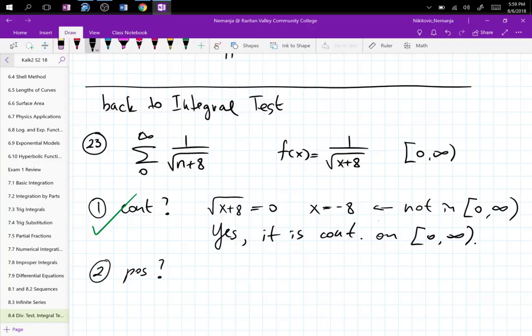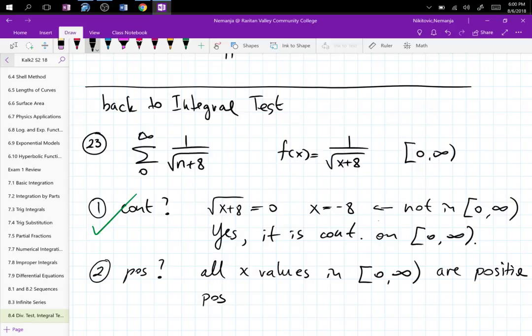All right, is it positive? I can only bring in positive numbers, right? So all x values in 0 to infinity are positive. Positive plus 8 is positive, right?